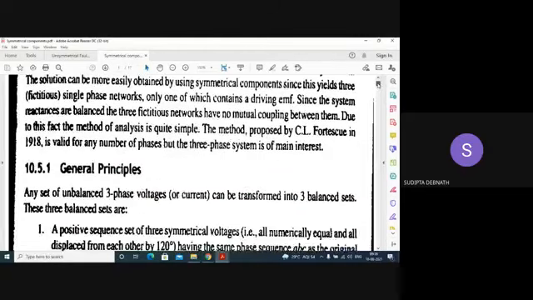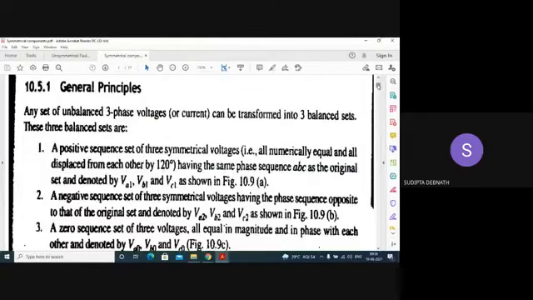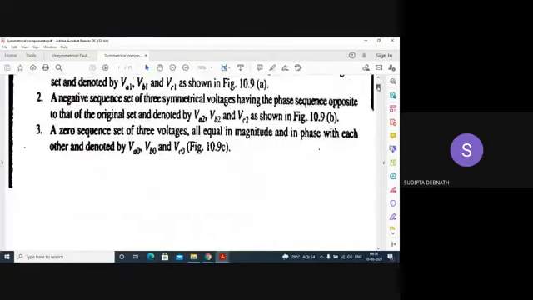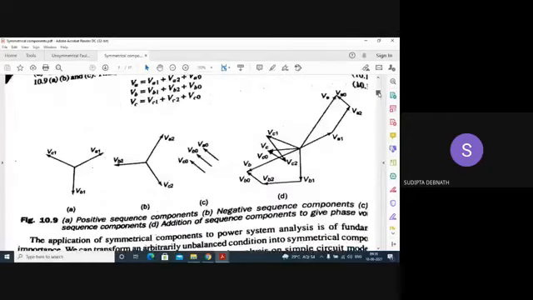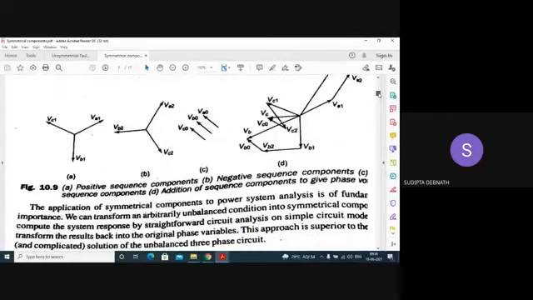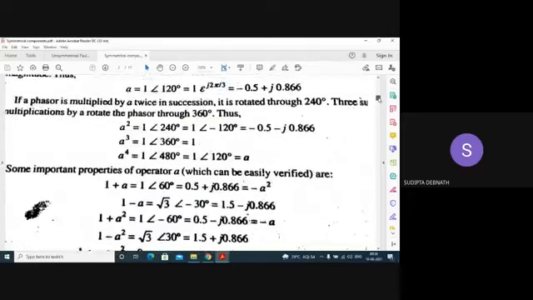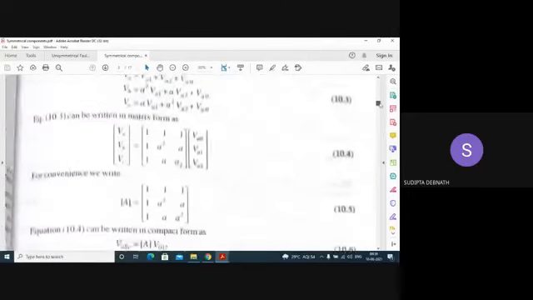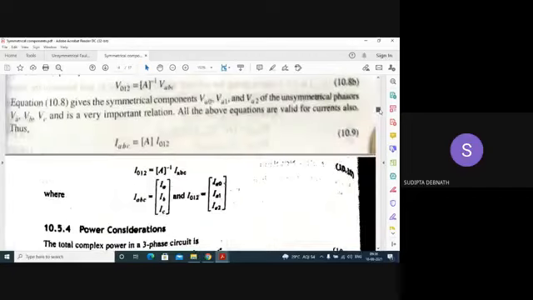We did a recapitulation: first the sequence components, how they are used to fit unbalanced systems, and the matrices to convert sequence values into the phase values and vice versa.